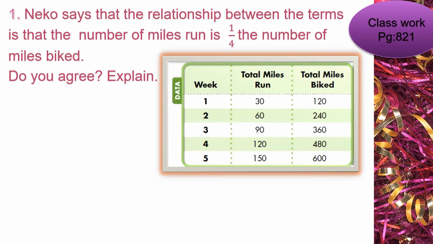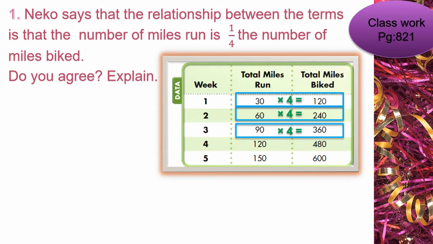You find total number of miles run times 4 gives you total number of miles biked. So 30 times 4 gives you 120, 60 times 4 gives you 240, 90 times 4 gives you 360, 120 times 4 gives you 480, 150 times 4 gives you 600.